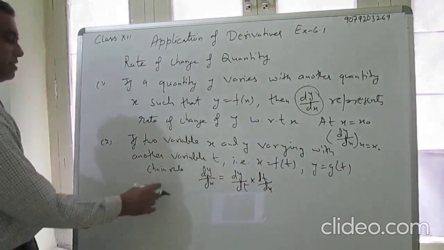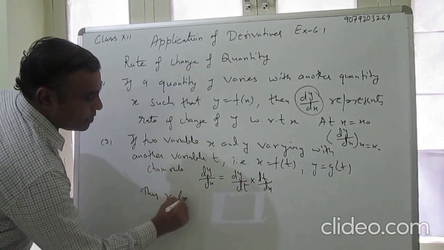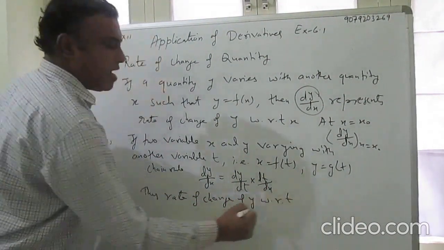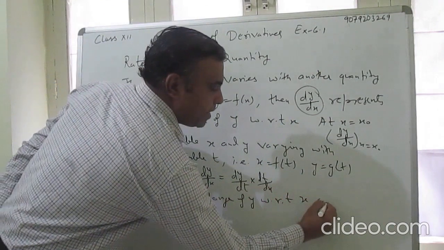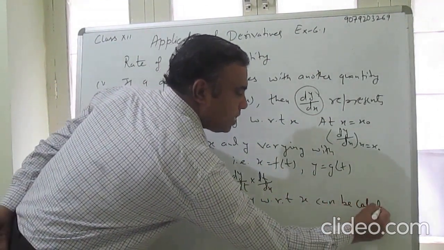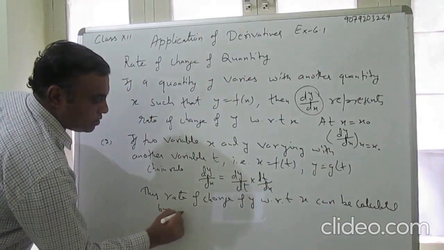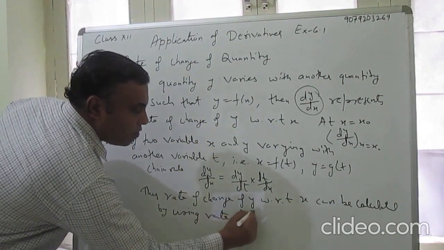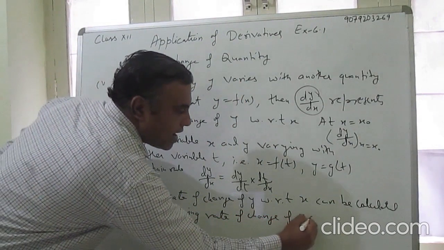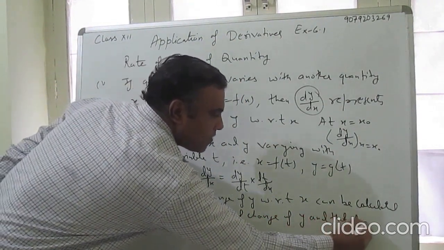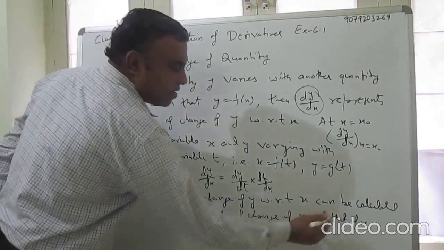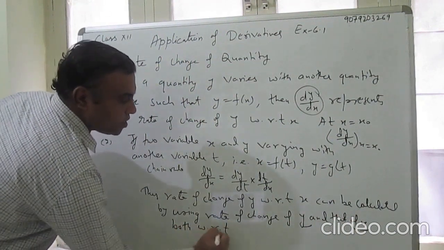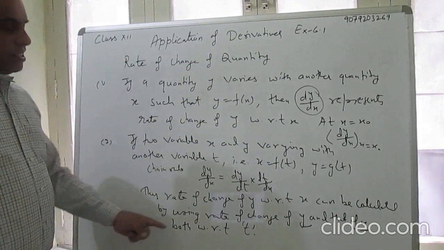Thus you can say that rate of change of y with respect to x can be calculated by using rate of change of y and that of x, both with respect to t. दोनों का डिफरेंशिएशन किसके रेस्पेक्ट निकालेंगे?